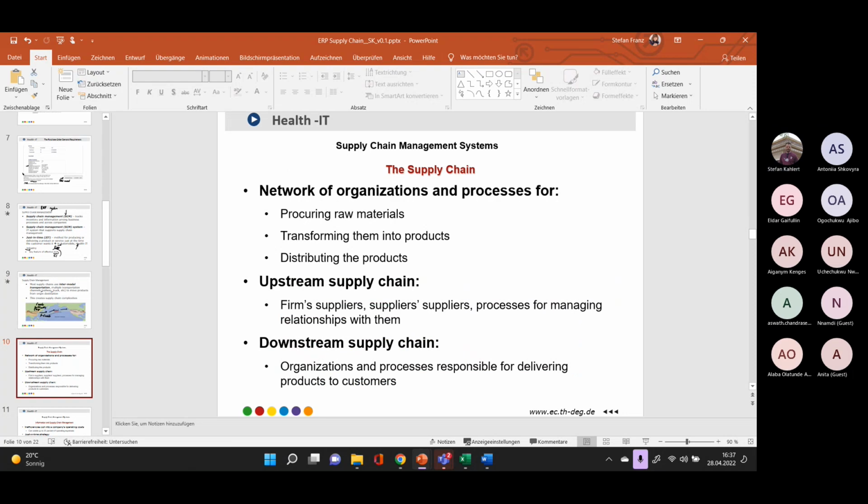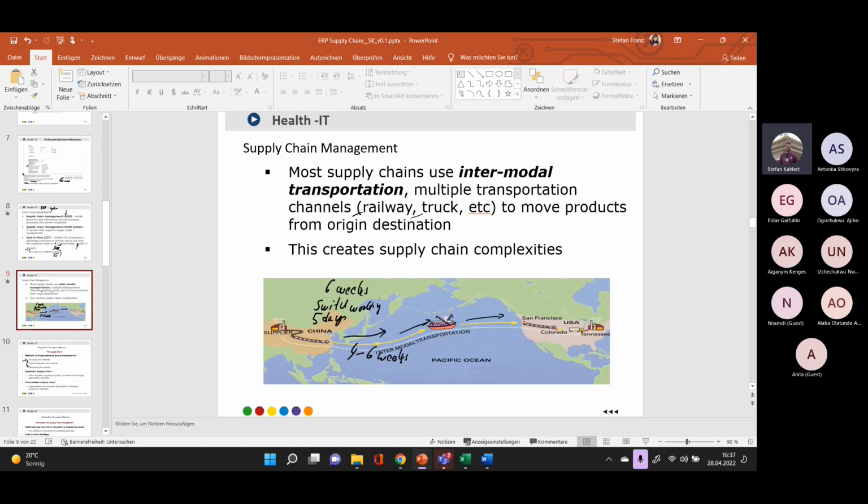So if you procure, for instance, raw materials and you have to transform them into products and distribute them, it costs time. As seen here, most products will be built together in China or somewhere else in Asia or in the US, and then shipped over.